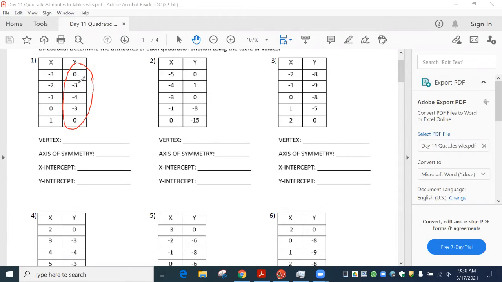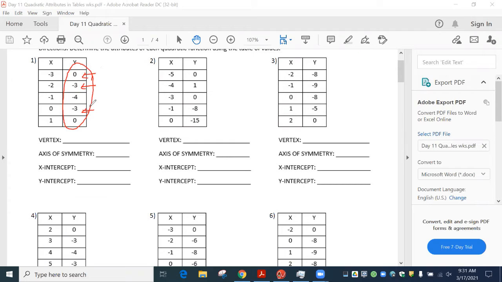So it is 0 to -3 to -4 to -3 to 0. So what do y'all notice? Here's the pattern. They repeat. You see the two -3s right here?